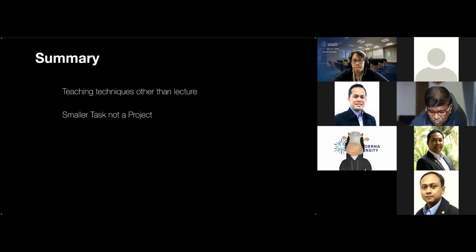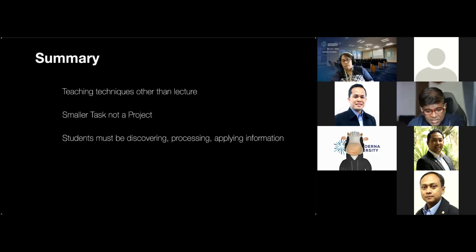These are smaller tasks that can engage the students. Students must be discovering, processing, and applying information. That's what happens in active learning strategies. It's not some hoo-ha, rah-rah, but this is what happens when you have an active learning strategy.